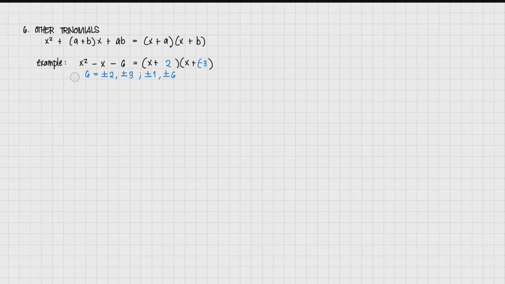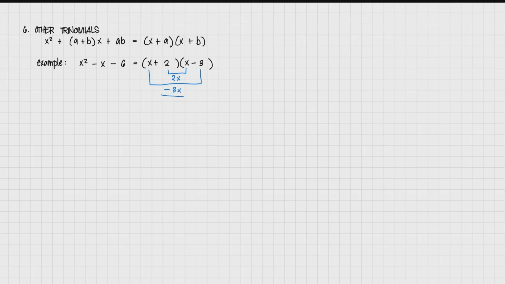So let me just erase this first. So I could definitely say negative 3, positive 2. Now, let's check. So the product of the means, this one, 2x. The extremes, we have negative 3x.